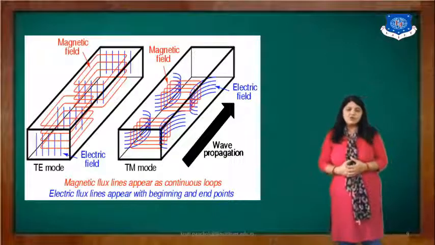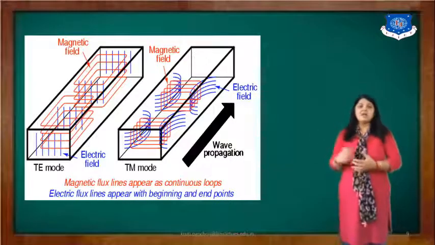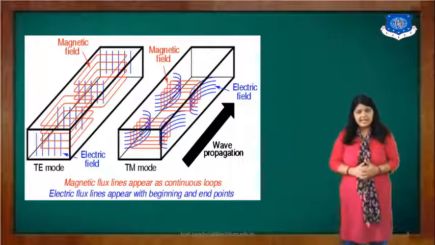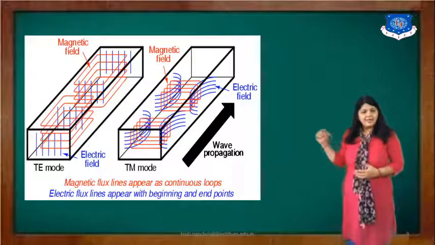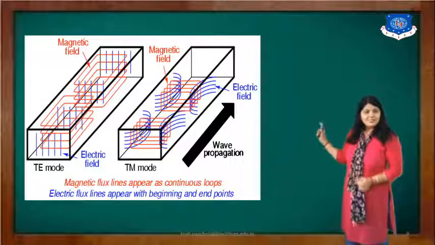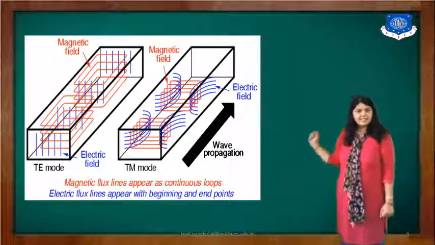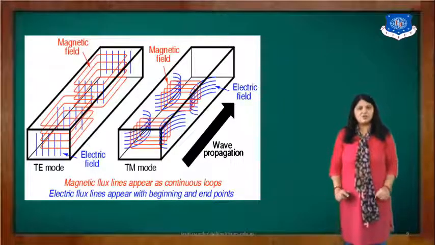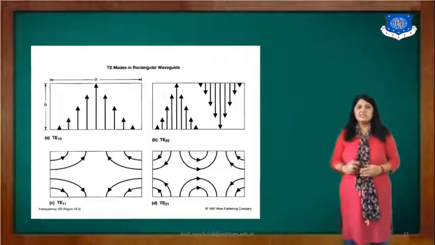So you can see the position of the electric field and the magnetic field in the rectangular waveguide. Similarly, the second diagram is about the TM mode. In the TM mode, the magnetic lines appear as a continuous loop, and the electric flux lines are in the direction of propagation. So this way we can see in the diagram.